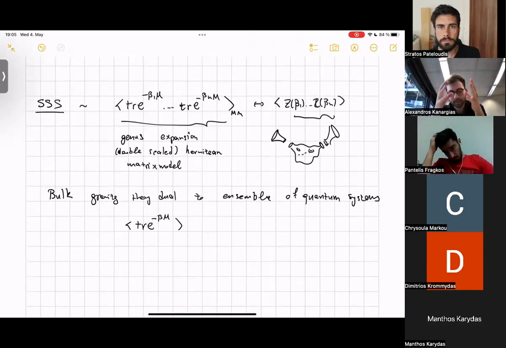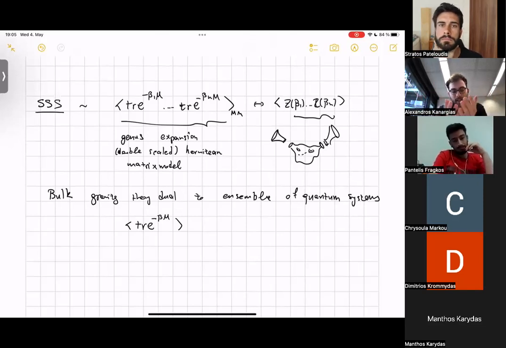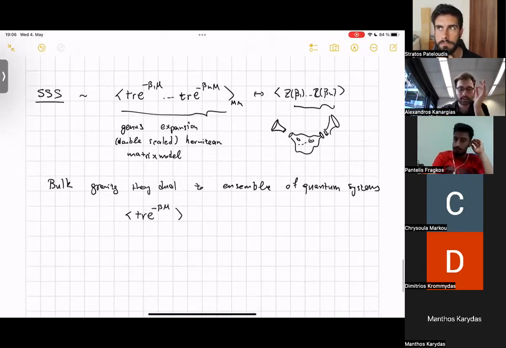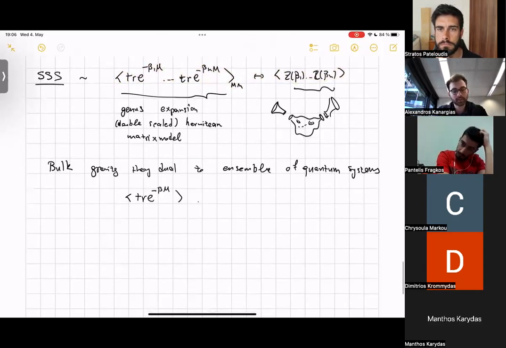So it's a theory of random matrices, and if I interpret this matrix as a Hamiltonian, I have an ensemble of random Hamiltonians. So it's like a duality between some bulk gravitational theory and not a quantum system, which would need only one Hamiltonian singled out, but something like an ensemble of that. And this is a very interesting observation, and attempts are being made, or examples have been found, also in higher dimensions.